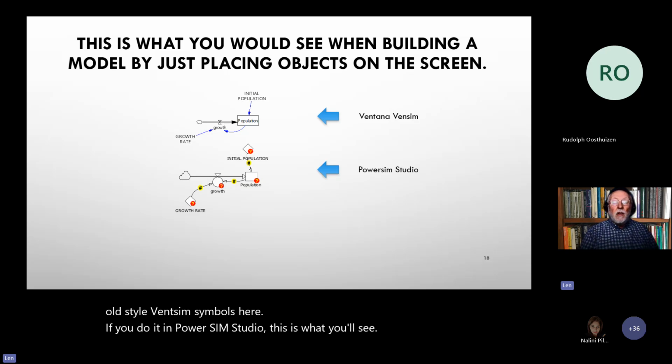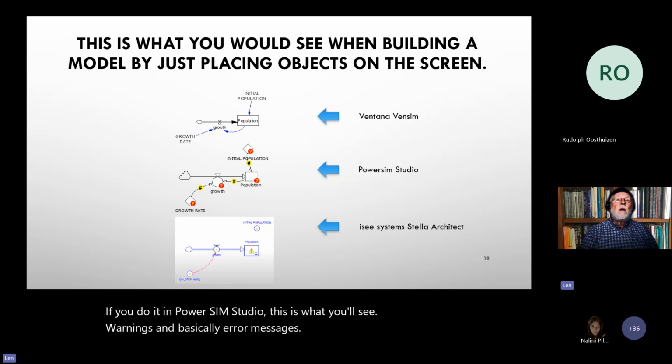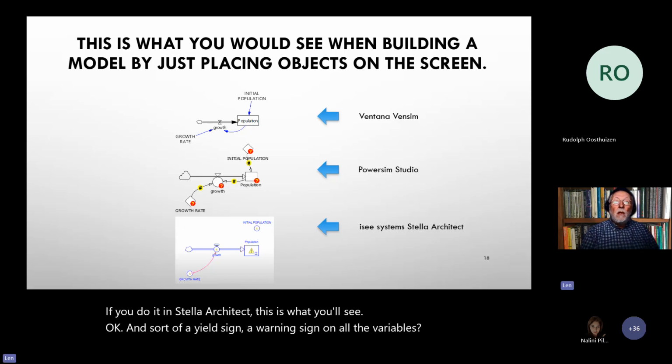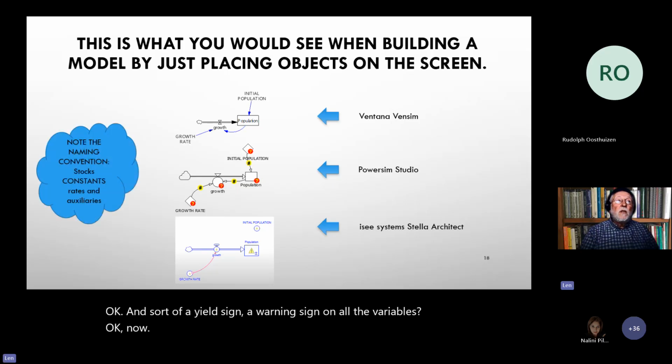Warnings and basically error messages. If you do it in Stella Architect, this is what you'll see, right? And sort of a yield sign, a warning sign on all the variables. Okay, now note the naming conventions again.